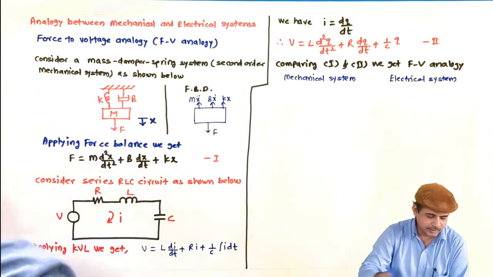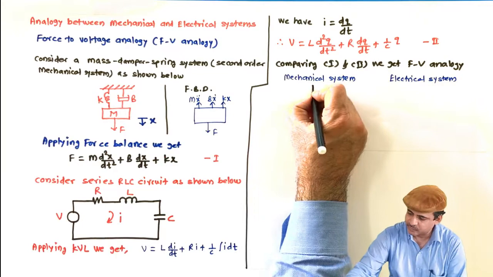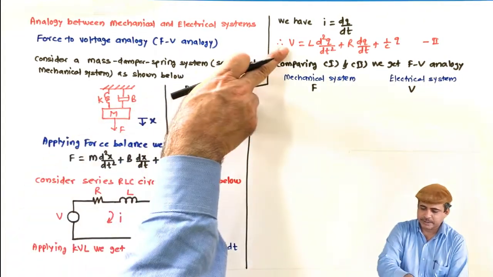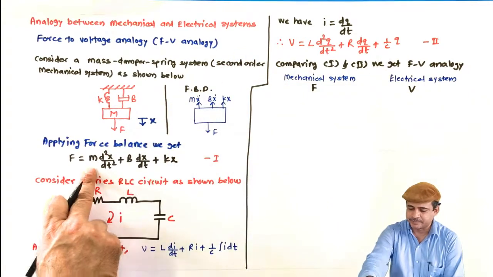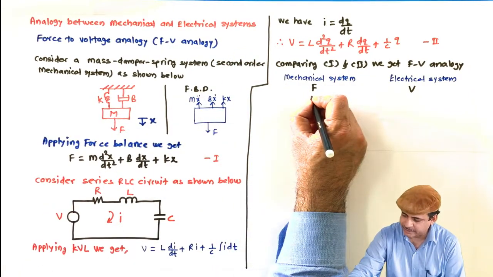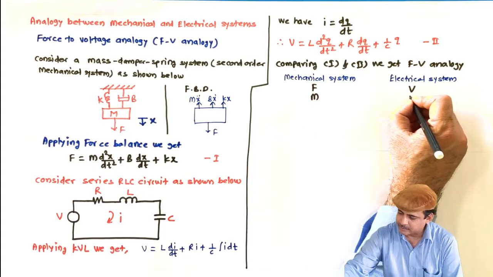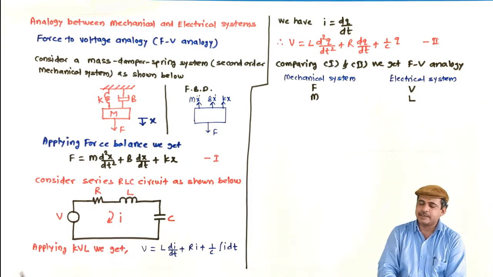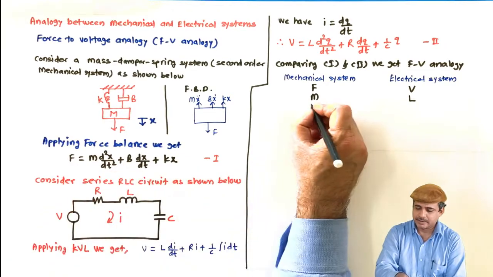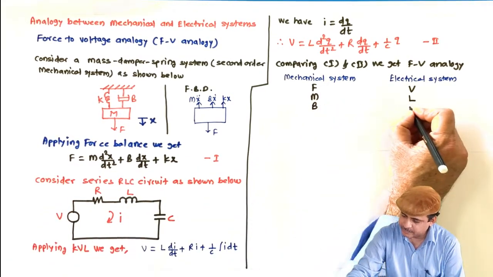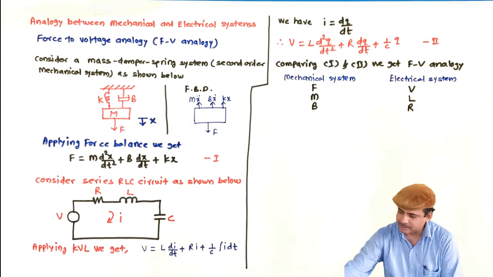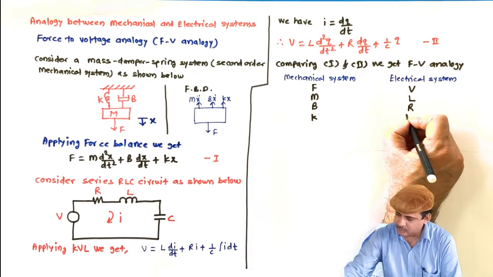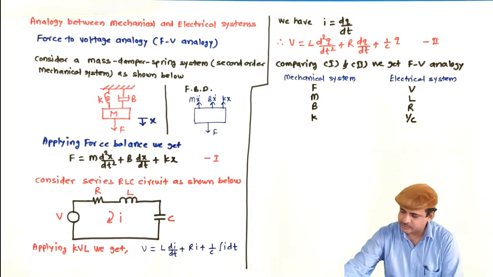If here you consider force F, then the analogous quantity is voltage V. Force F is the source of energy here, and V is there. Then mass M is analogous to inductance L. Then damper B is analogous to resistance R. Spring stiffness constant K is analogous to the reciprocal of capacitance, 1 by C.